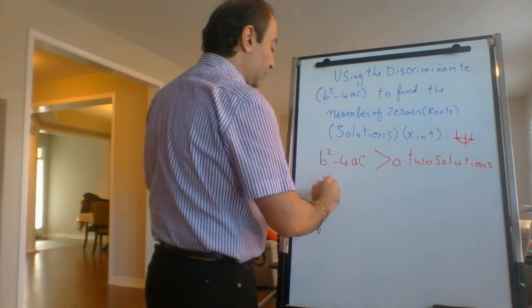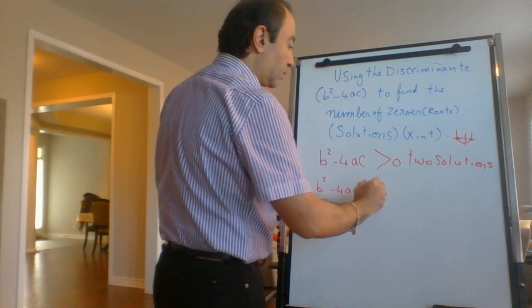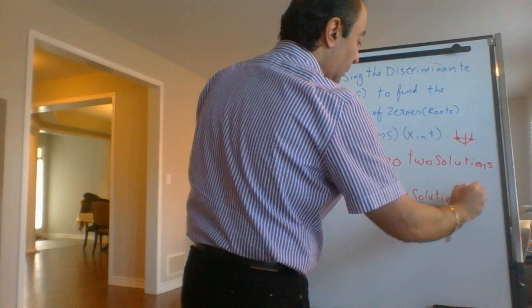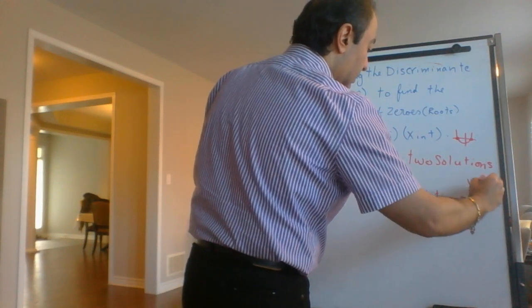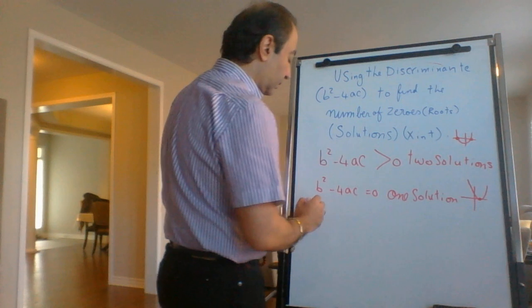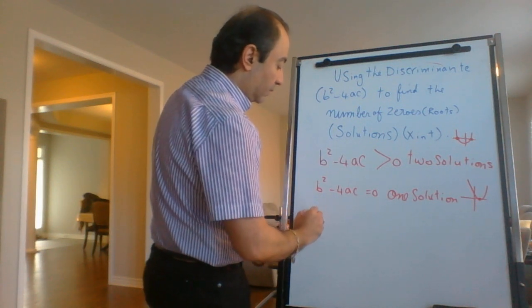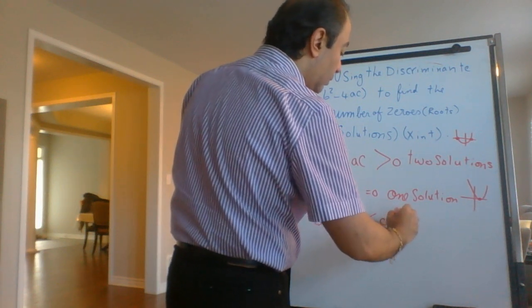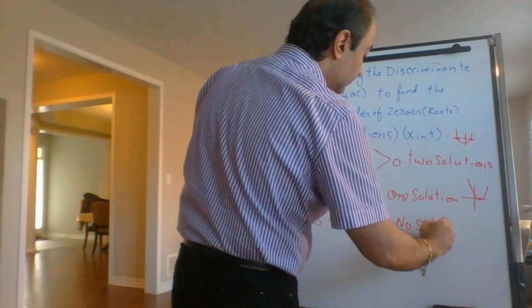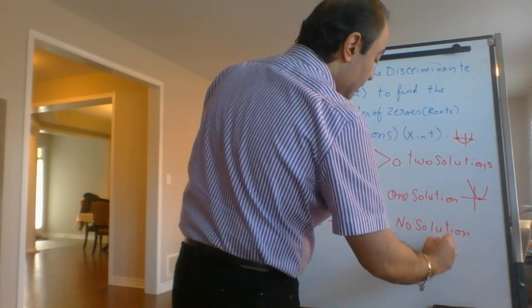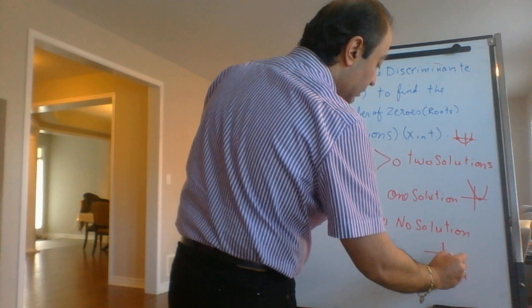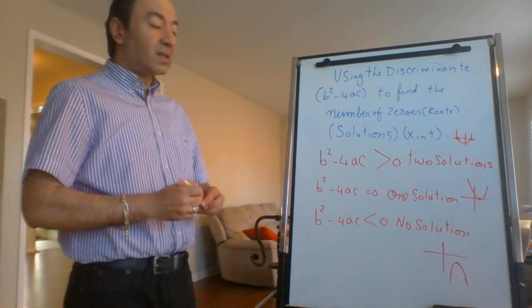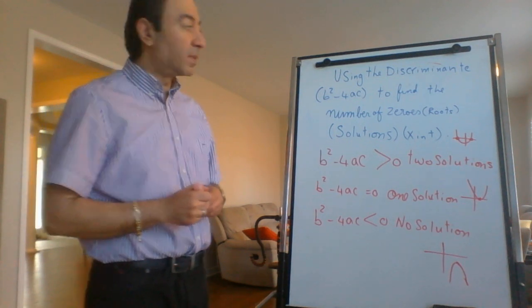If b squared minus 4ac equals 0, we have one solution, which is this case, where the vertex and the x-intercept are the same. If b squared minus 4ac is less than 0, we have no solution, which is this case. Okay, so those are the three cases. Now we are going to do some examples and we are done.